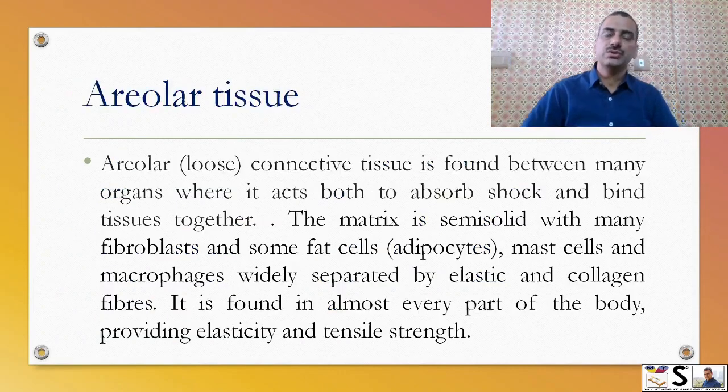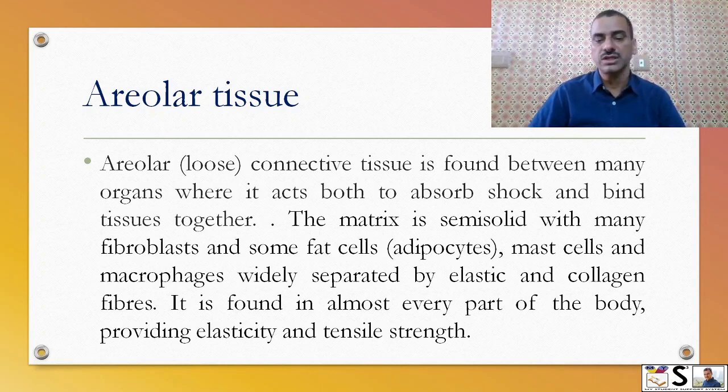Areolar tissue, also known as loose connective tissue, is found between the organs where it acts both to absorb shocks and bind the tissue together. The matrix is semi-solid with many fibroblasts and some fat cells known as adipocytes, mast cells and macrophages widely separated by elastic and collagen fibers.